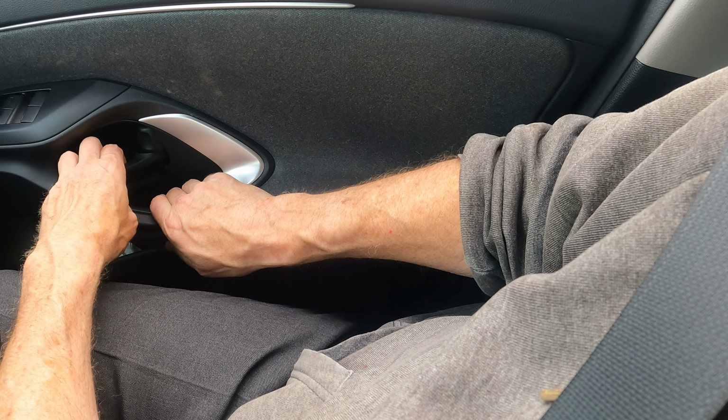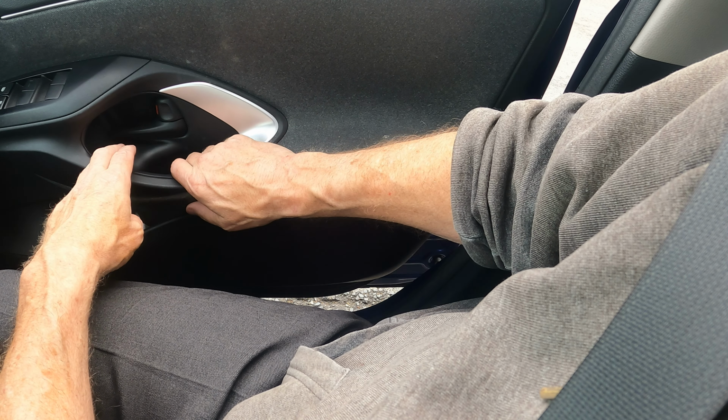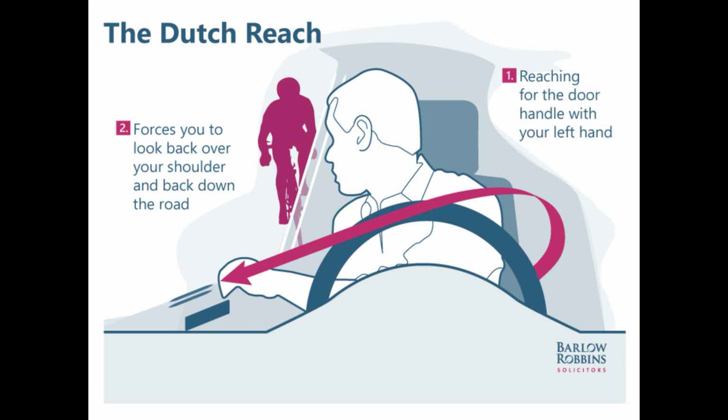But also what it does is it makes you start to twist so that you're actually looking backwards over your shoulder as you open the door, which therefore means it's a safer method of opening the door because you're more likely to spot any cyclists, any e-bikes or e-scooters.